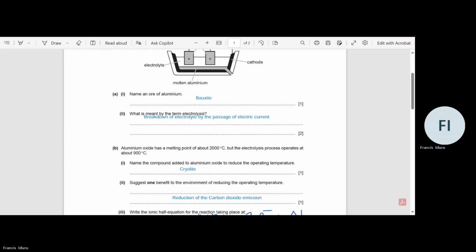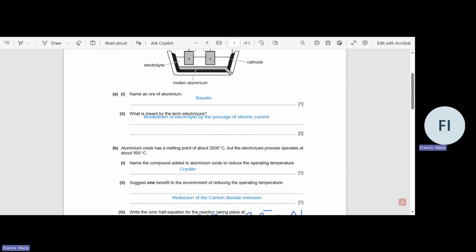The third one is that it reduces the operating temperature of the process, because it has a lower melting point. And in fact, the fourth use is that as a result of the temperature of the process being reduced, the anode that is made of carbon, which normally reacts with oxygen produced at the anode, is affected less.